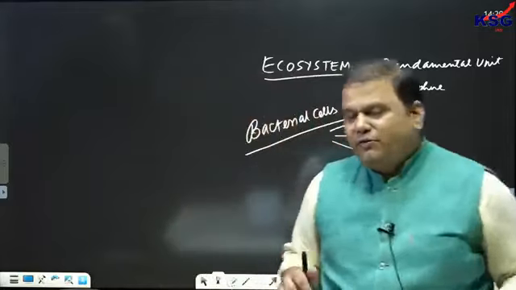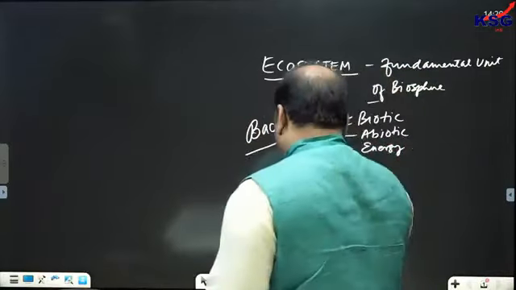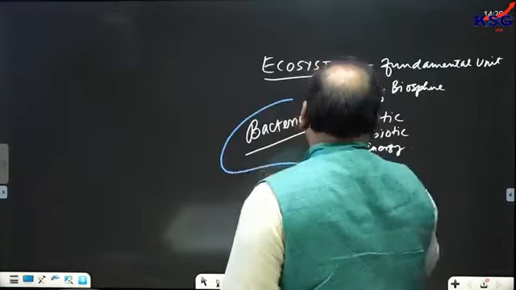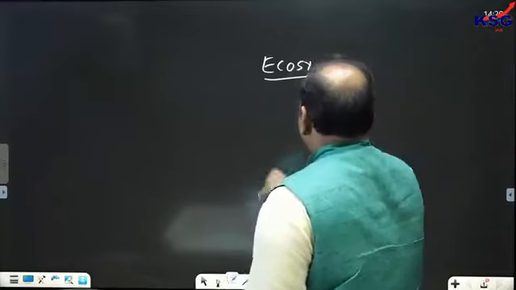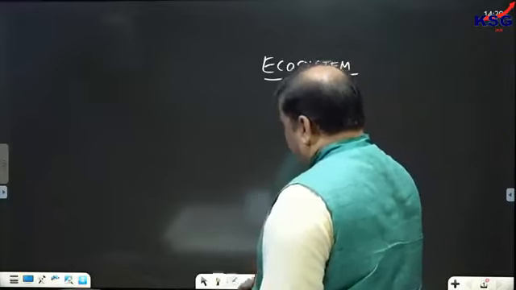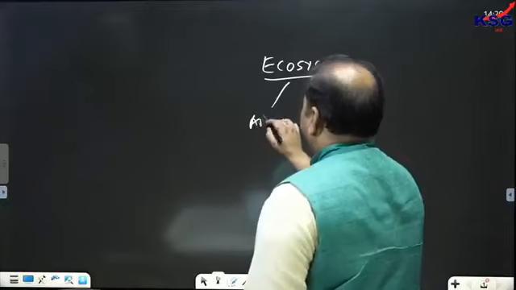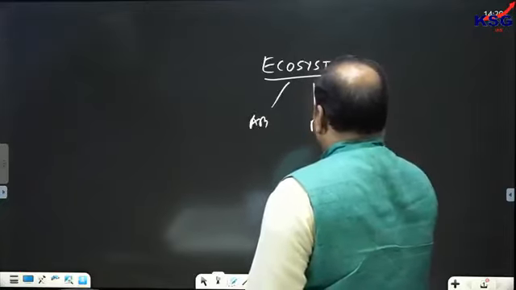Fine. Now, we know that an ecosystem consists of three components, that is abiotic, biotic, and energy component.